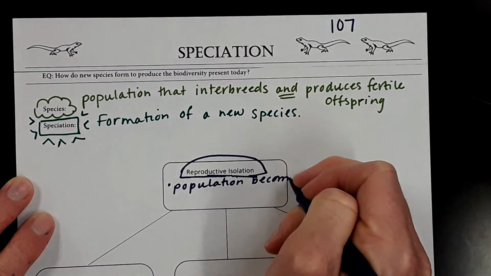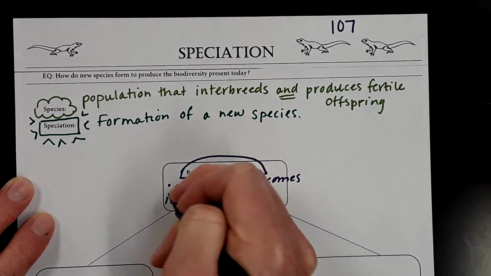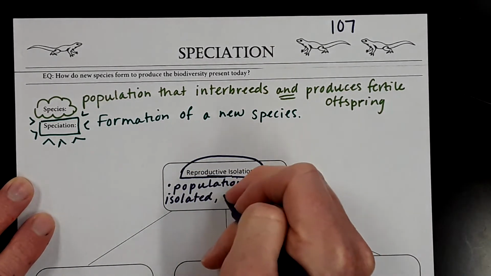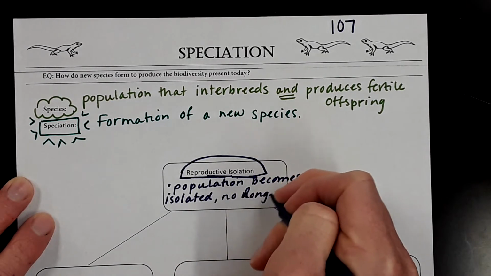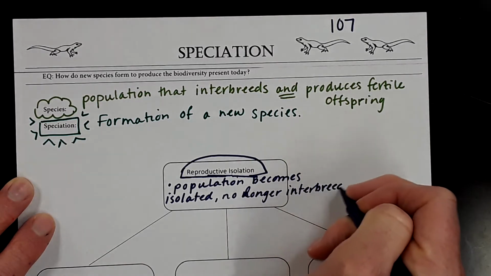So a population becomes isolated and it no longer interbreeds with the original group.